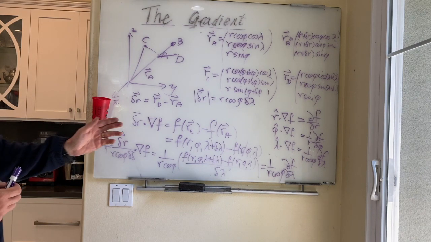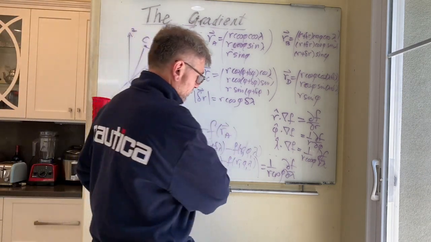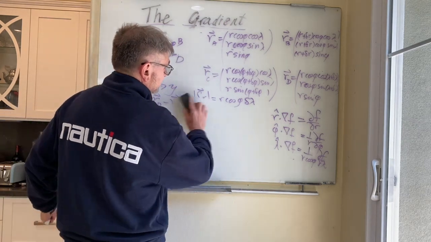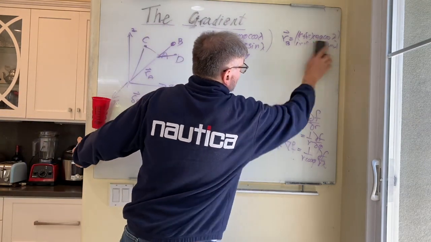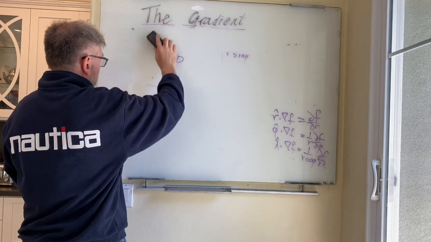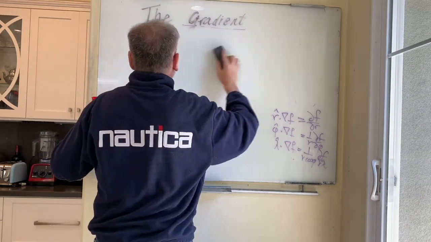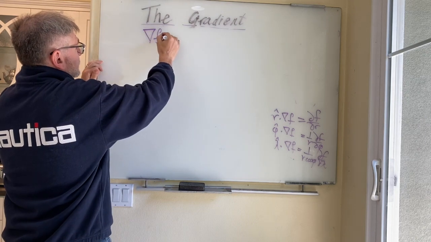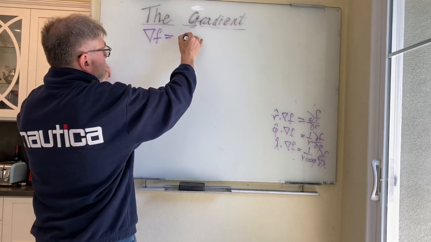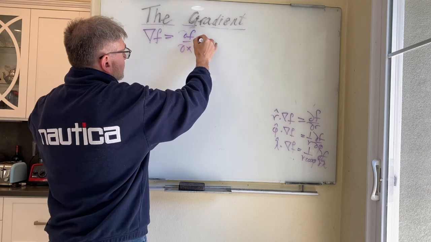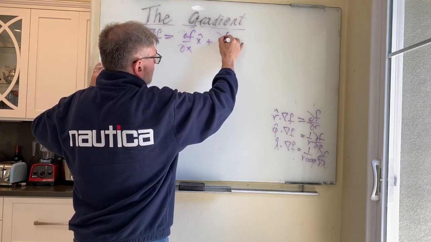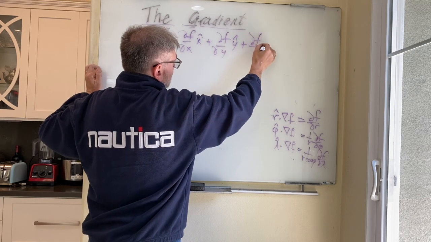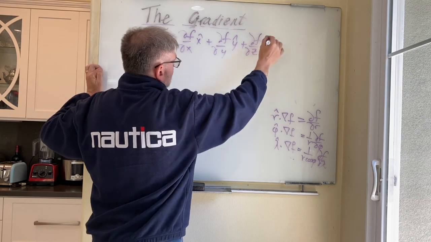And so this gives me the three components of the spherical coordinates. To write it out neatly, what I have is the following. Grad f is equal to, as before, df dx times x hat plus df dy times y hat plus df dz times z hat.